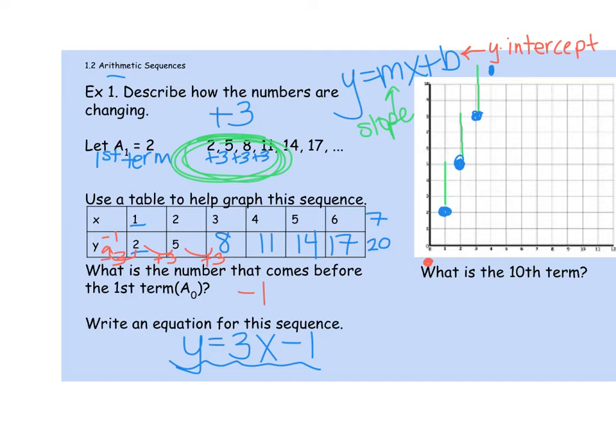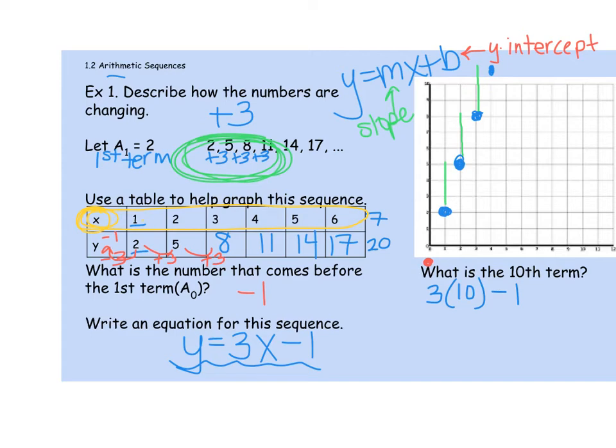Okay? So we said we got 29 using that table. The 10th term, let's plug in 10 for x. Okay? The reason we do that is because remember up here, these were all the terms, right? First term, second term, third term, fourth term, so on. That represents x.